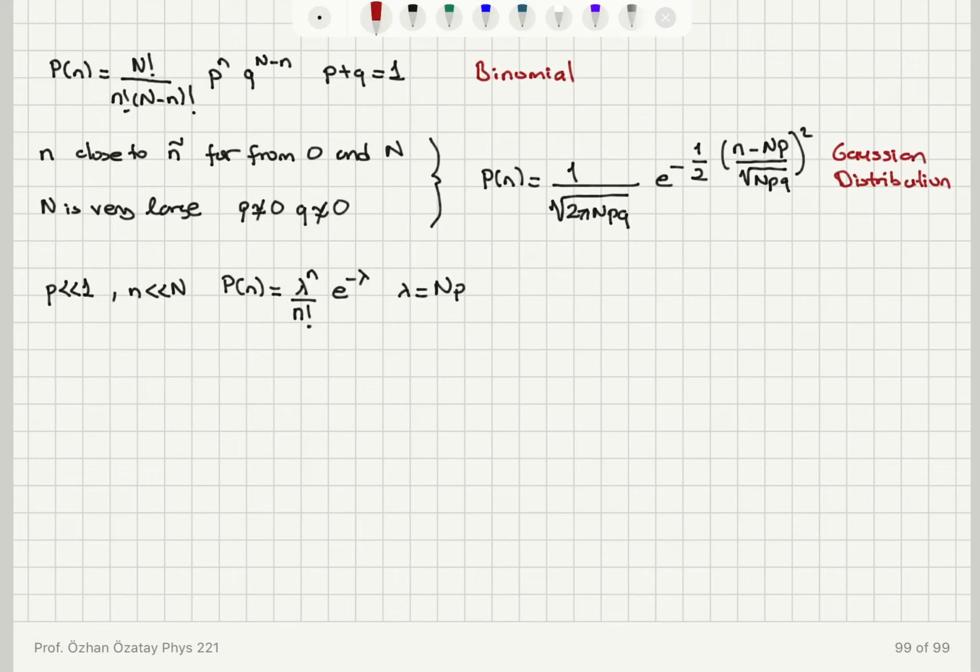And then here we have the limit for p much less than 1 and n much less than capital N, the Poisson distribution limit.